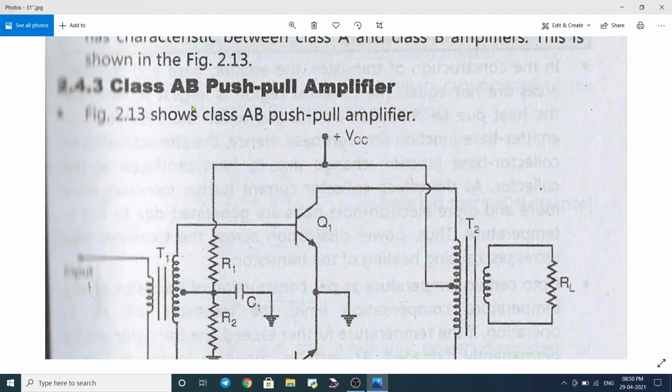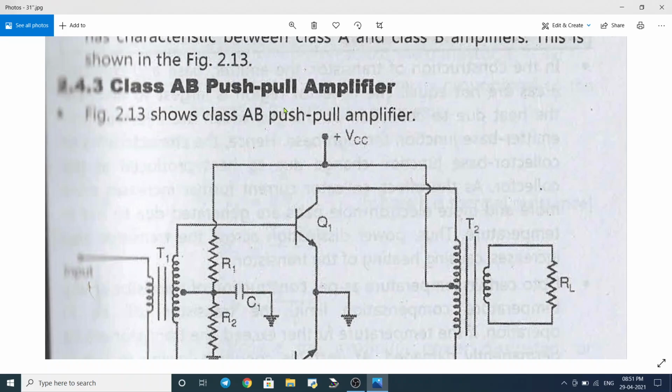So let us see the point: class AB push-pull amplifier. So far we have seen class A power amplifier and class B power amplifier. In class A we have seen class A power amplifier with resistive load and class A power amplifier with transformer coupled load.